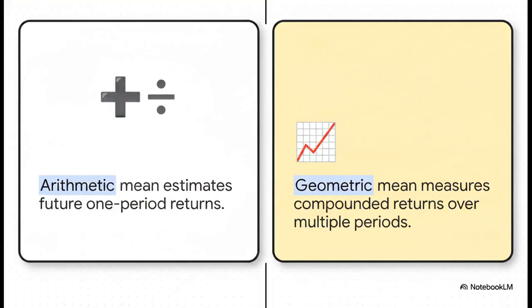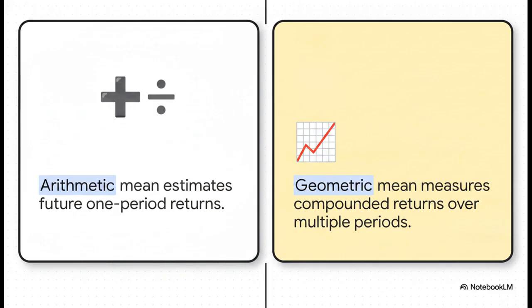The absolutely most crucial distinction you're going to make here is between the arithmetic and geometric means. The arithmetic mean is simply adding up the returns and dividing by the number of periods, just like you learned in grade school. You use this when estimating a future one-period return. But the geometric mean measures the compounded rate of growth over multiple periods.